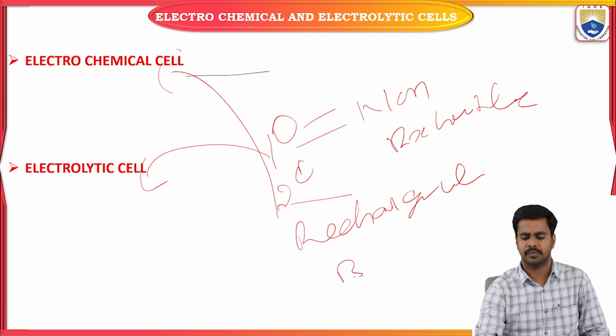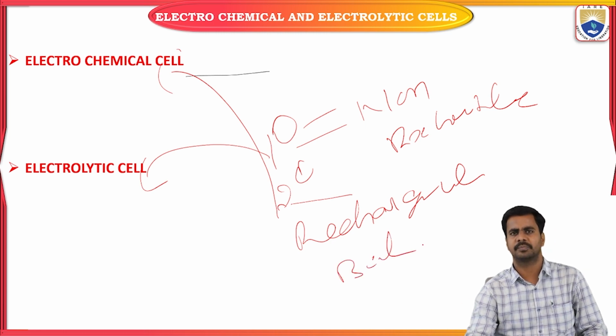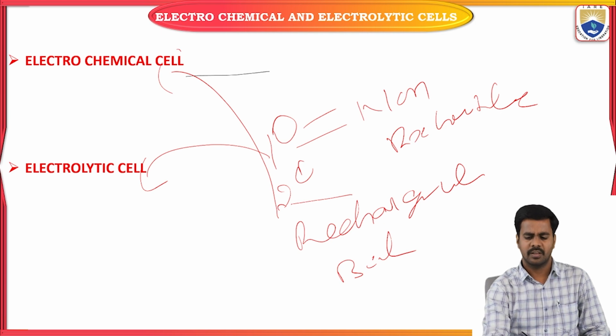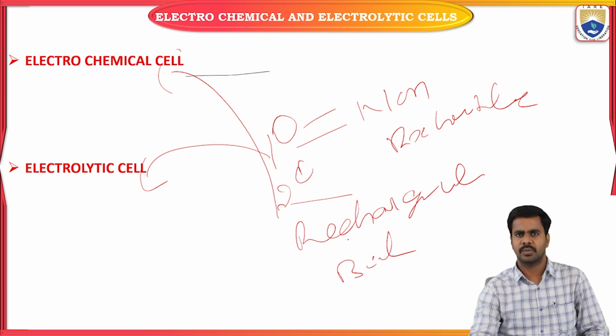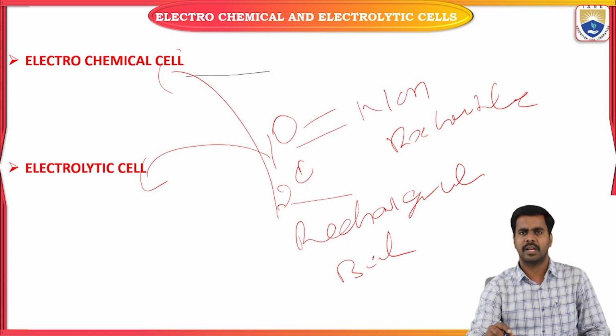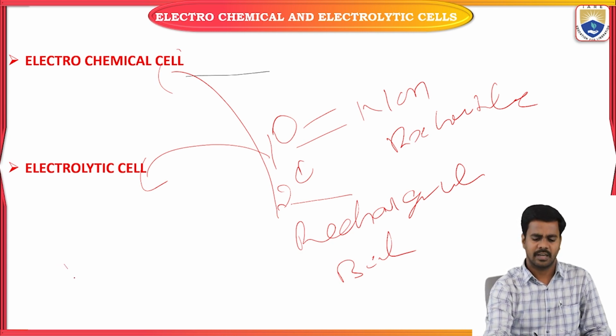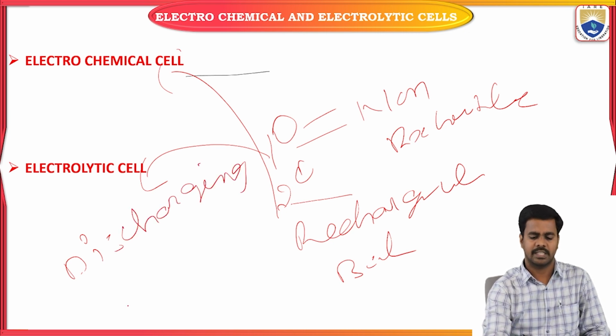Why can we call a secondary battery an electrochemical battery? Because it is a rechargeable battery. In rechargeable batteries, we can observe two types of reactions: discharging and charging.